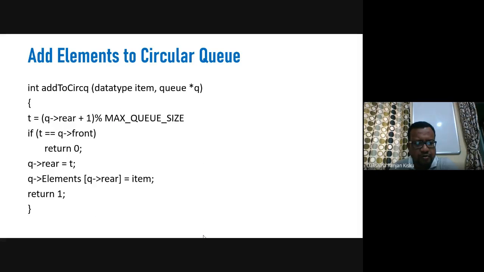Otherwise, what we will do? We are writing q rear equals t. That means the new element item is to be inserted at the position referred by the statement t equals q rear plus 1 modulo max q size. So this statement will refer to the position in the circular queue where the new element item is to be added.